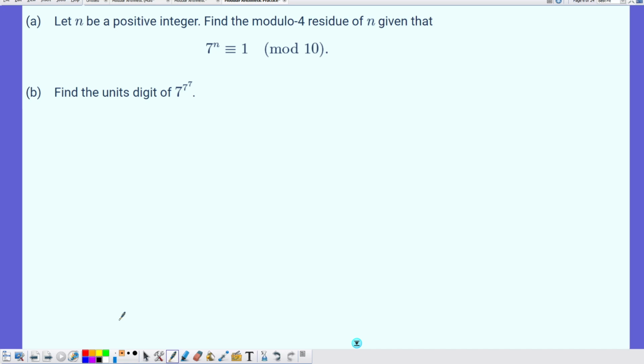Alright, well, it's kind of strange they brought up the modulo 4 residue of n. I mean, clearly, when we have a situation like this, we should just check out exponents of 7, starting, I guess, with 7 to the 0th power, which is just 1. So it would be 1 mod 10.